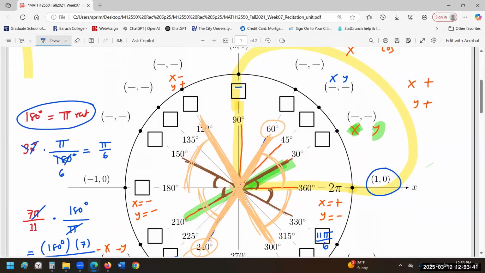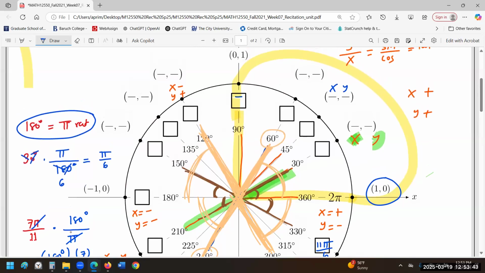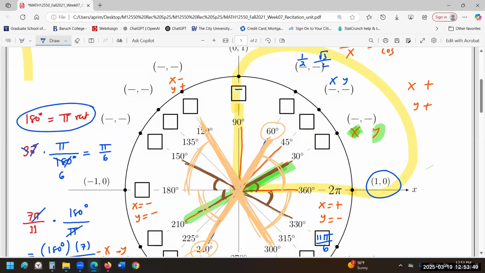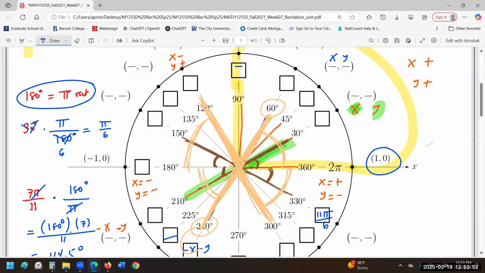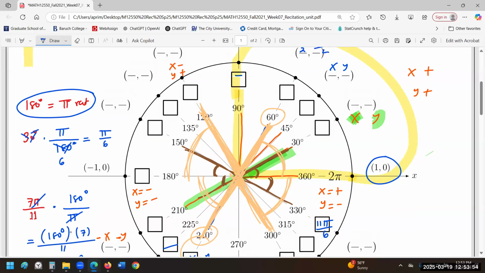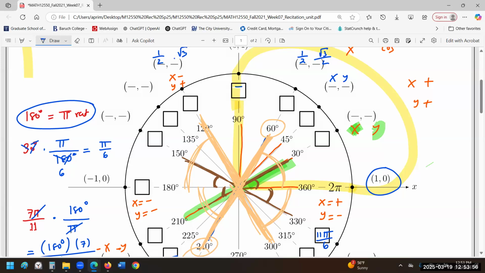So where do you put them? Here we found that our x value is 1/2 and y value is root 3 over 2. But in this quadrant, our x is negative, so you're going to have a negative 1/2 and positive root 3 over 2.